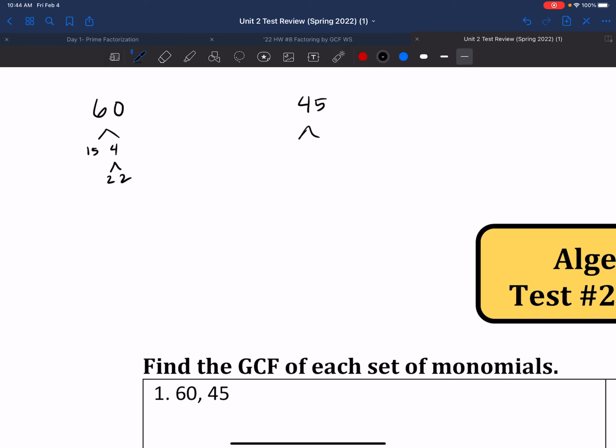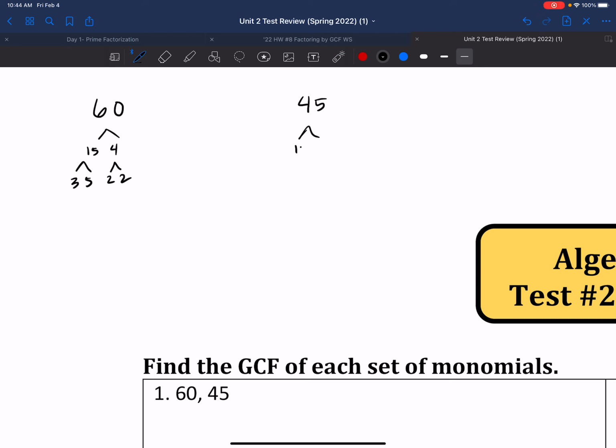So let's move into 15. Give me two numbers that multiply together to give me 15. That's going to be 3 and 5. 3 and 5 are prime numbers, so I can't break them down anymore, and I am done in this case. Now let's look at 45.